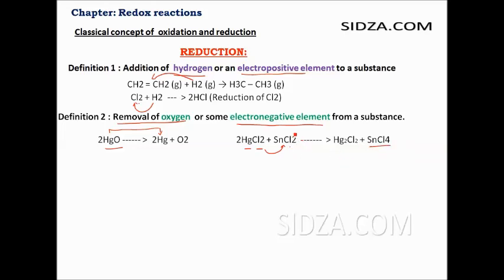So that means SnCl2 gets oxidized because SnCl2 changes into SnCl4. Here we find addition of an electronegative element. So addition of an electronegative element is oxidation, and removal of an electronegative element is reduction. So this is getting reduced and this is oxidation.